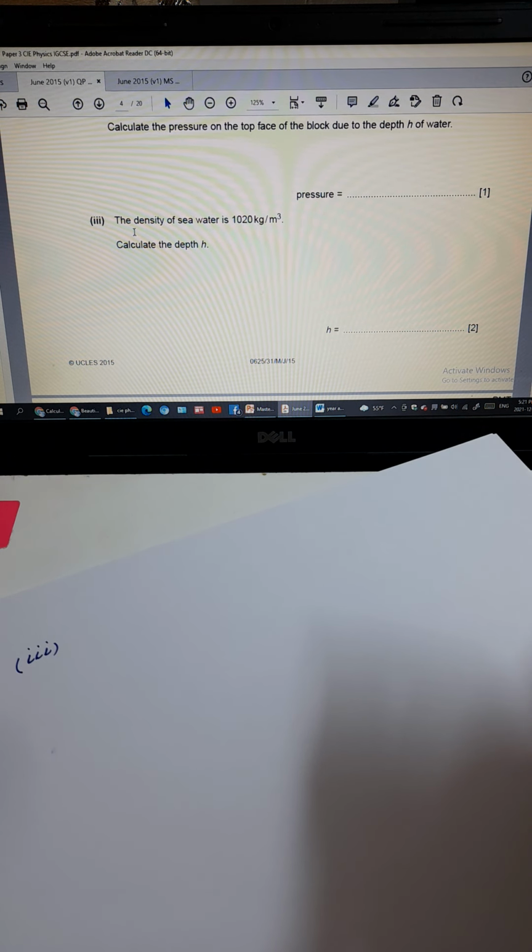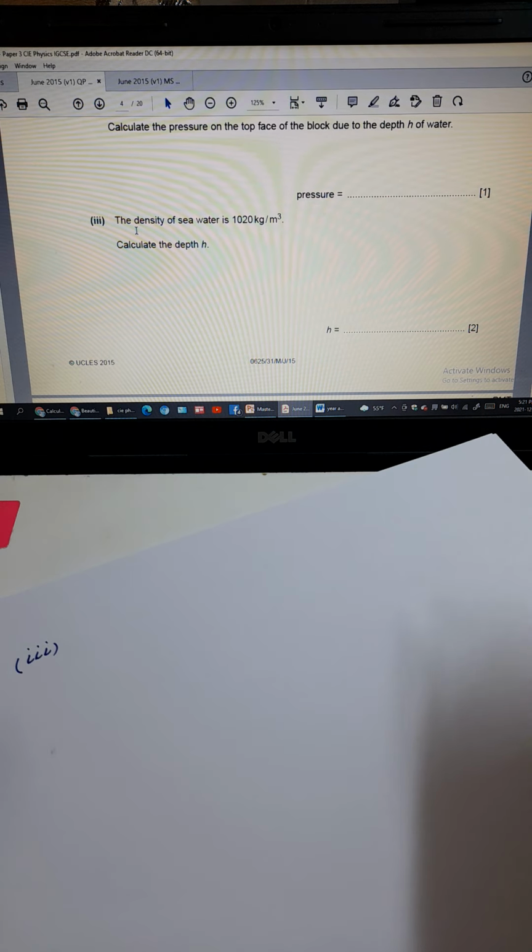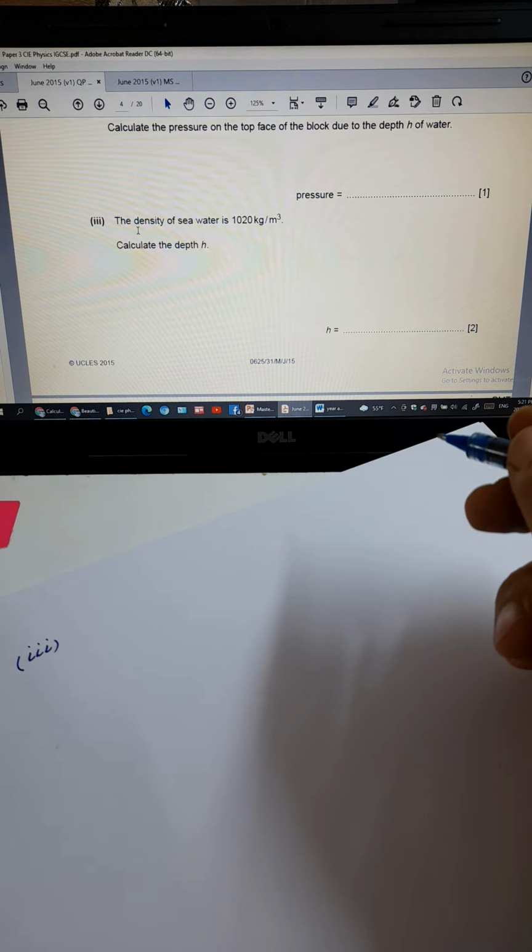Triple I, the density of sea water is 1020 kilogram per meter cube.